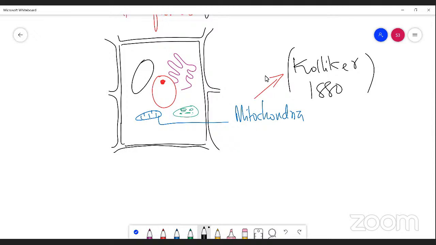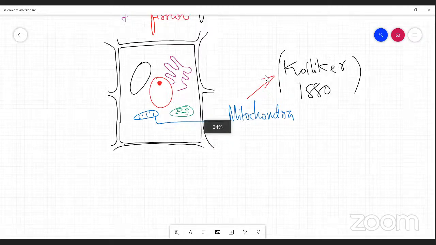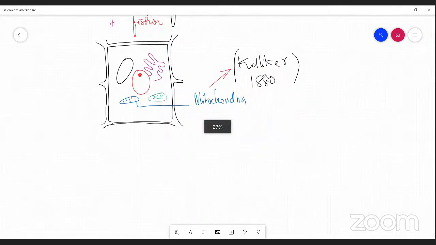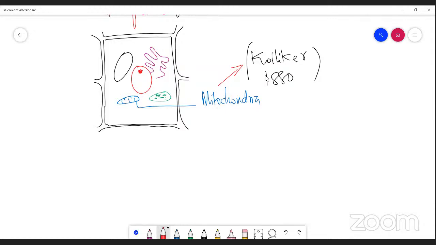Later, after the discovery by Kolliker, it was named the bioblast. Bioblast, right?